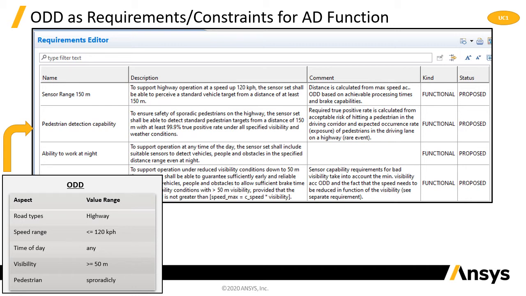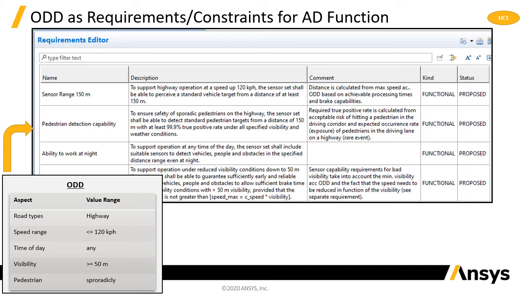So we specify the ability to work at night, and even a specified recognition capability and distance must be ensured by the sensor set even at night, which may entail usage of some diverse sensors, for example, add an infrared camera or laser scanner on top of the regular visible light camera. And so on. Also here you see a little bit of a requirement regarding reduced visibility conditions and so on.